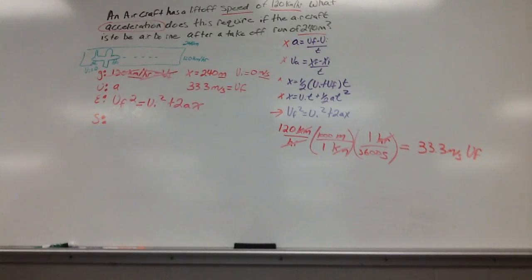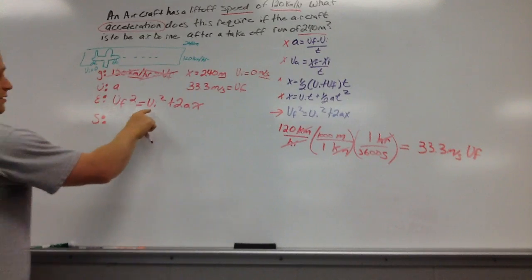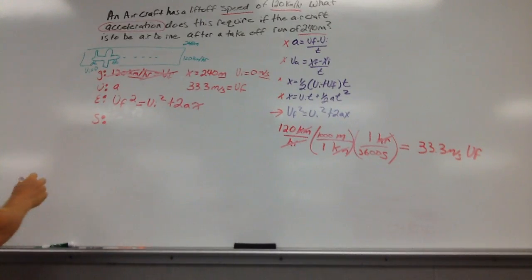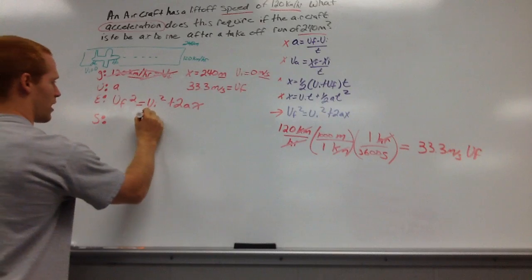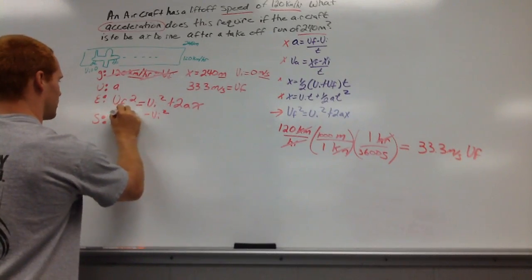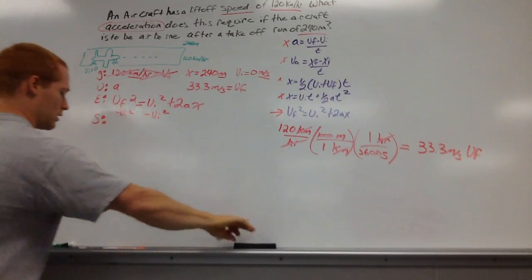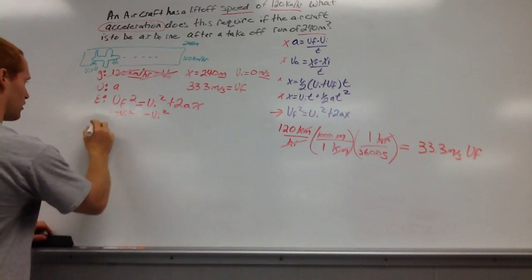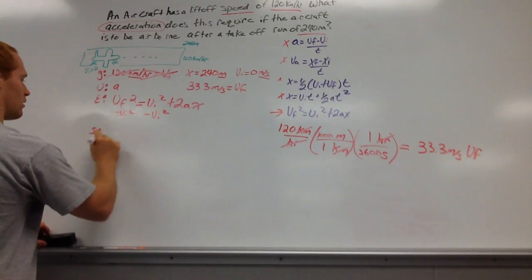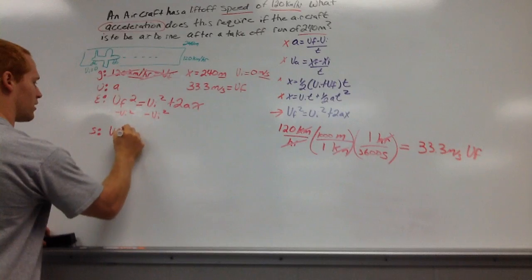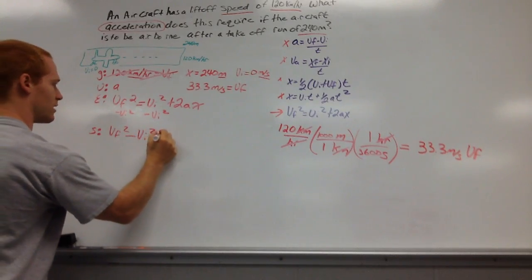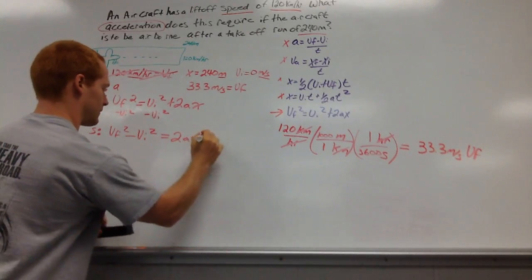Solving for A, we're going to do PEMDAS backwards. Notice, these are being added to each other, so first thing we're going to do is subtract VI squared. These are kind of close. So we're going to have VF squared minus VI squared equals 2AX.